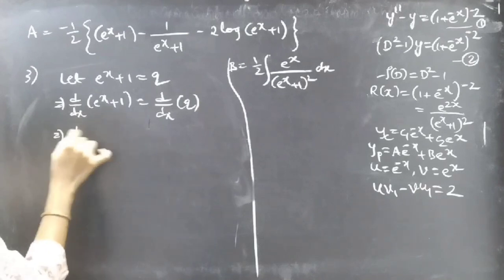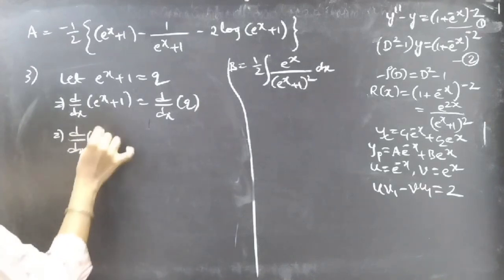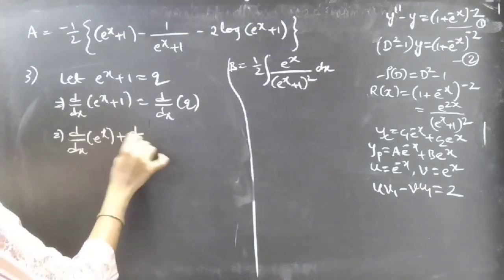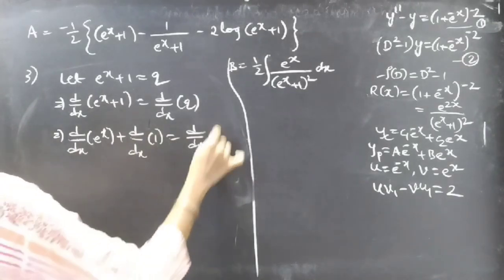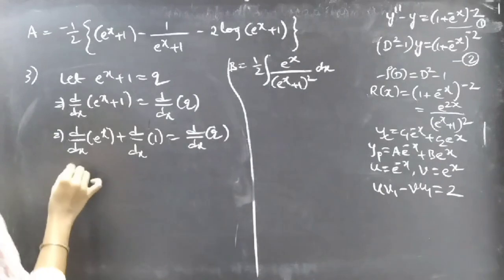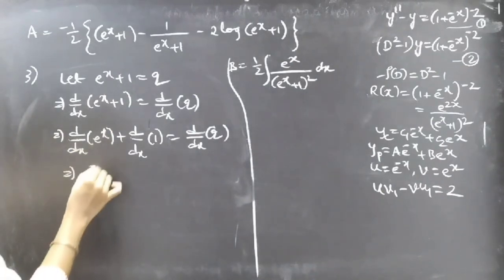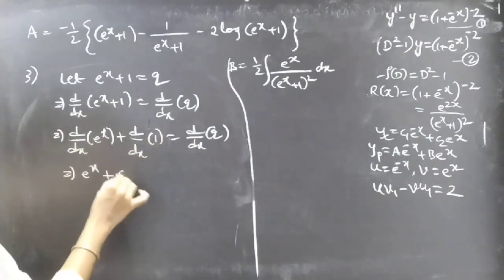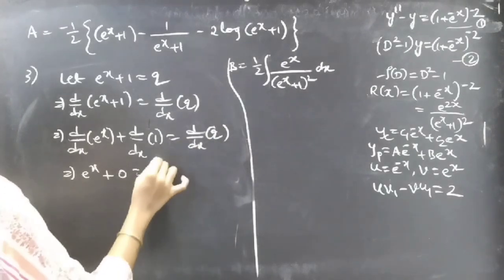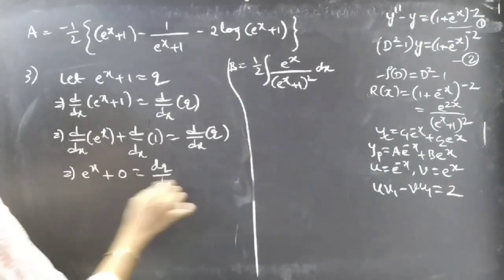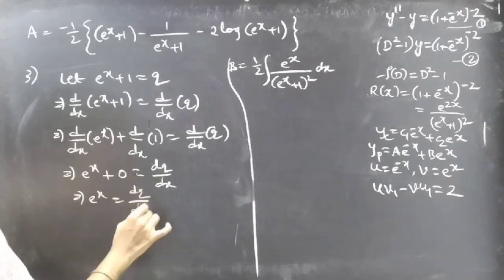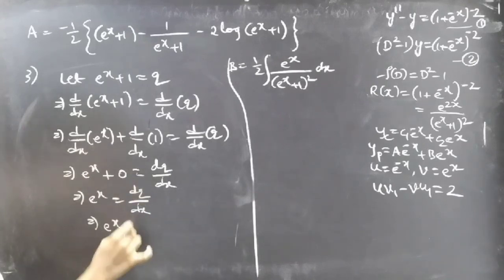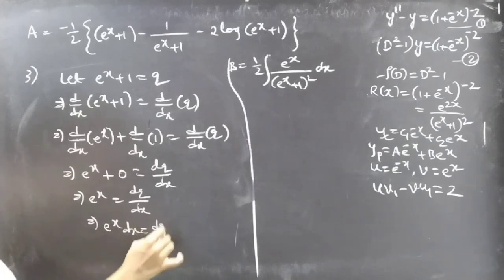We'll get derivative of e power x with respect to x is e power x plus derivative of constant with respect to x is 0 equal to derivative of q with respect to x. This gives us e power x equals to dq by dx. From this we'll get e power x dx equals to dq, right?